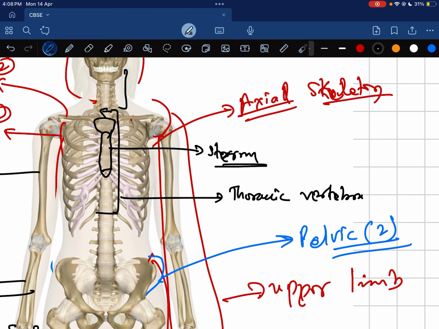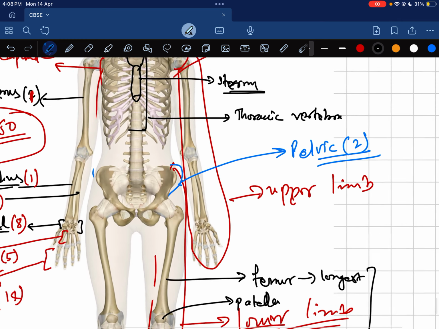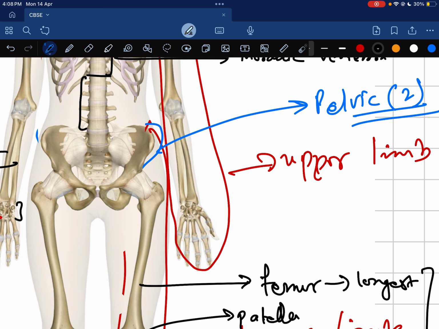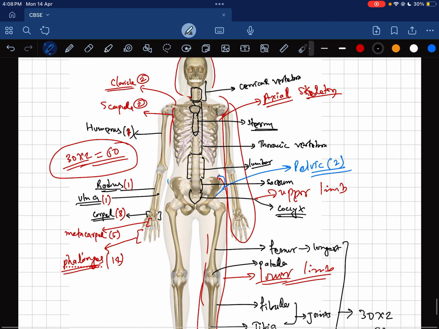These are the cervical vertebra, and these are the lumbar vertebra. Then after the lumbar there is the sacrum, and there is the coccyx. Hope these bones are clear.